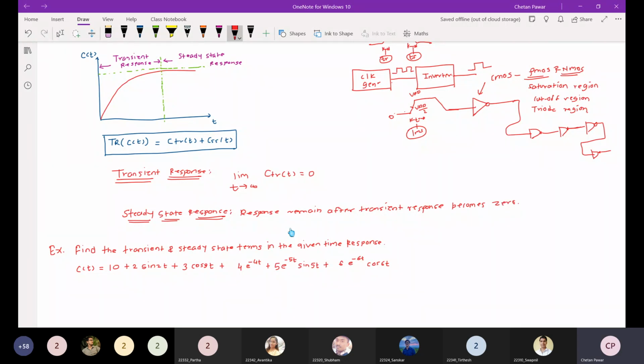So this is the main thing here, transient response and steady state response.